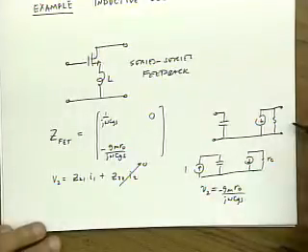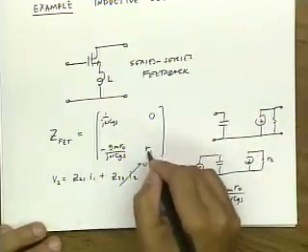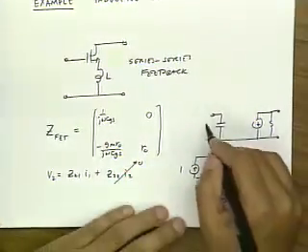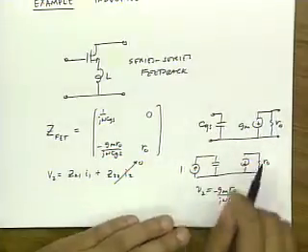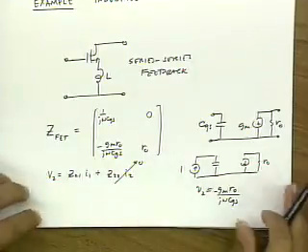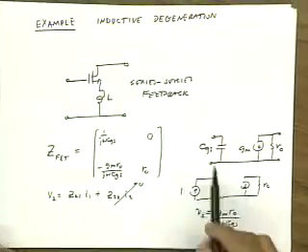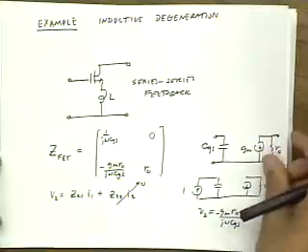Well, Z22 is looking out here when the input is open circuited, so it's just RO. So this is our extremely simple transistor model, and I'm using it to keep the calculations as simple as we can. It turns out this is enough to really explain the important salient features of inductive degeneration. Okay? Pretty simple.